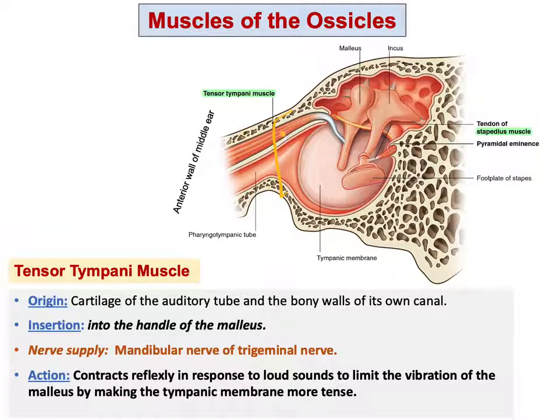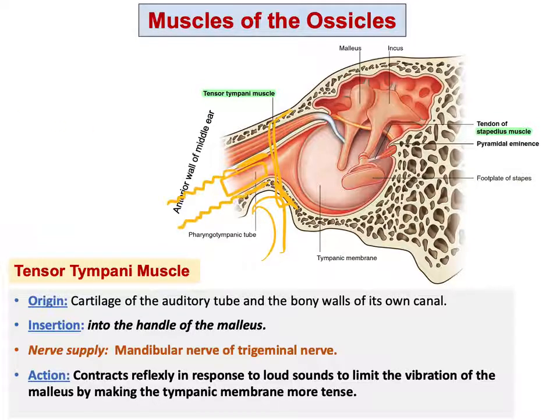So this is the anterior wall of the middle ear, which contains a thin plate separating it from the internal carotid artery, and the pharyngotympanic tube, which has a medial, or let us say posterior, bony part and an anterior cartilaginous part.